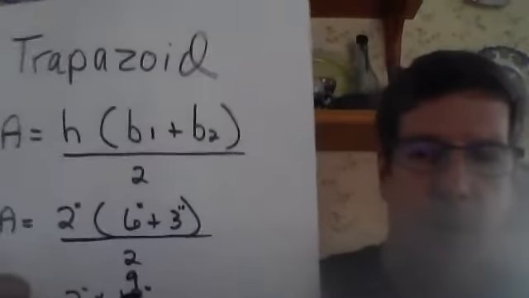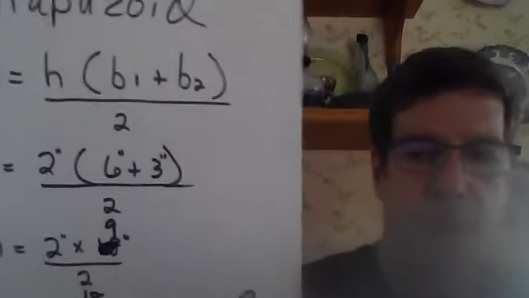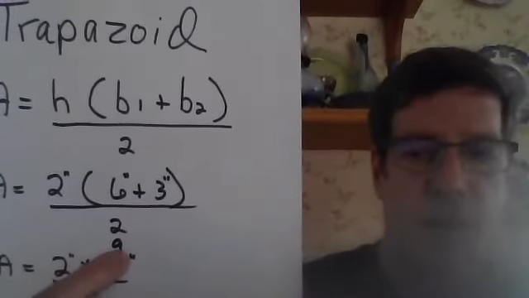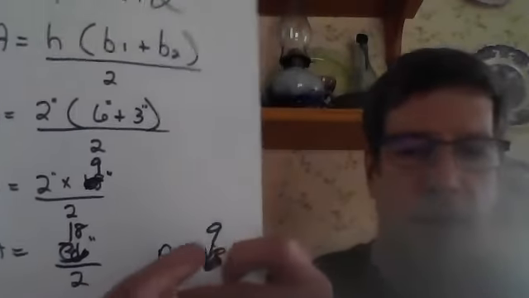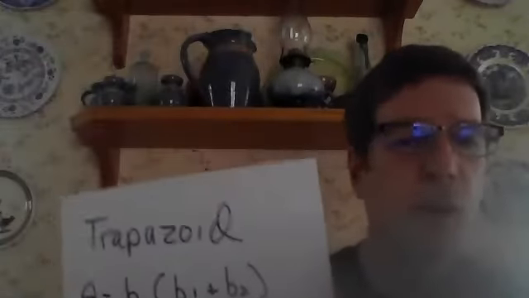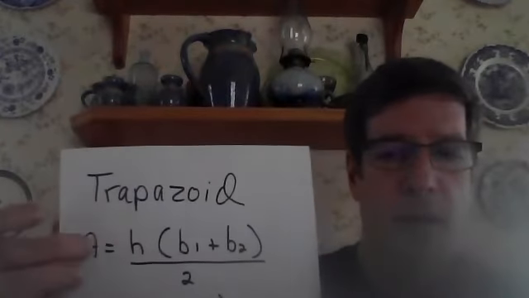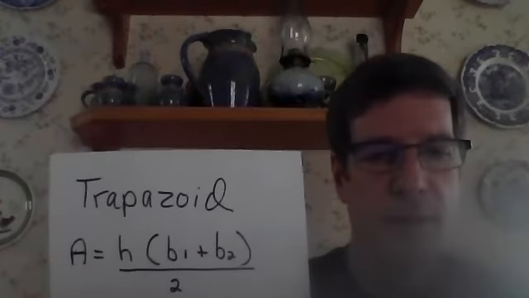All right. So you have 6 plus 3 equals 9. So 2 inches times 9 inches equals 18. 18 divided by 2 equals 9. Okay, so let's go back through the whole thing all over again because I just screwed you all up. Area equals h, height, times b1 plus b2 divided by 2.